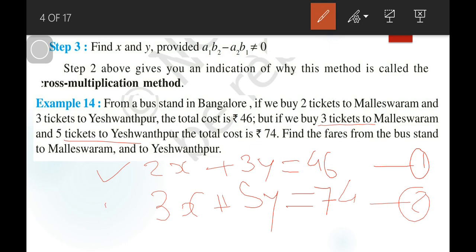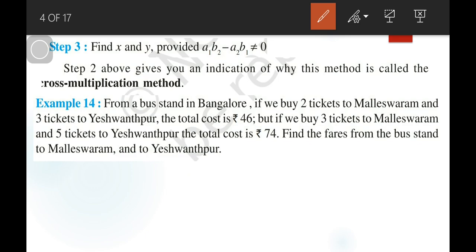Now both equations we have to write in standard form. In which form? Standard form. So we write it as follows: 2x plus 3y minus 46 is equal to 0. It will be equation number 3.